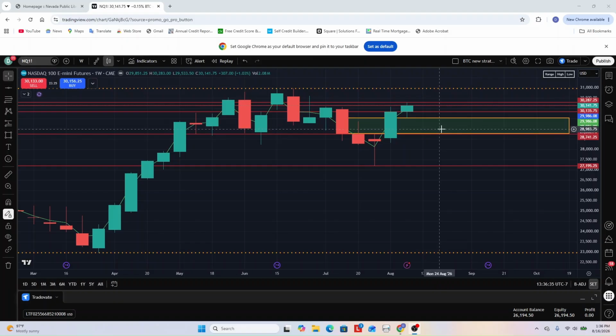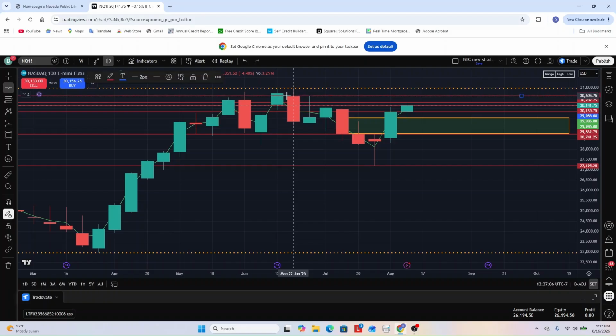So what I would be expecting is at some point, don't know when, but at some point, whenever it comes down into this area here, it is going to bounce off this area and go to the next level of support or resistance, which would be this 3605. Okay. All right. So this is the weekly.